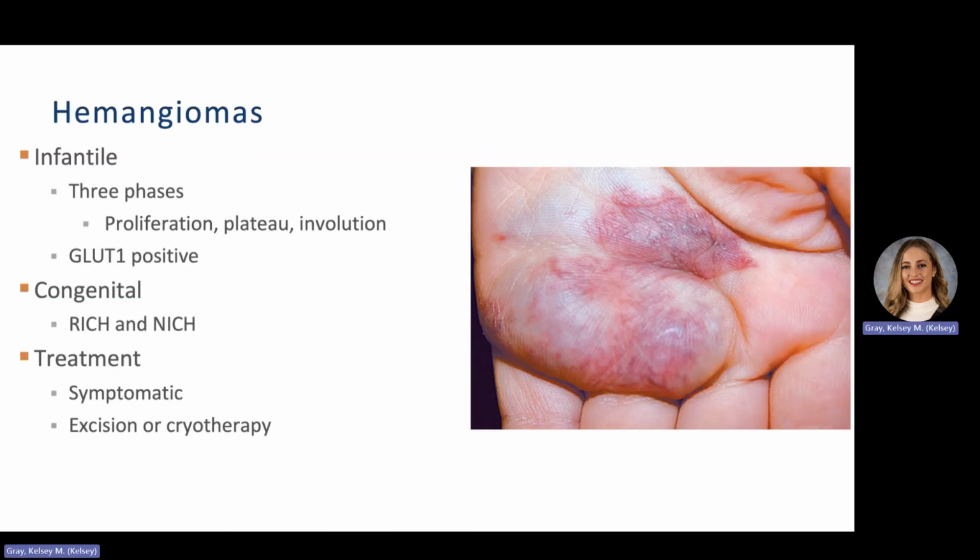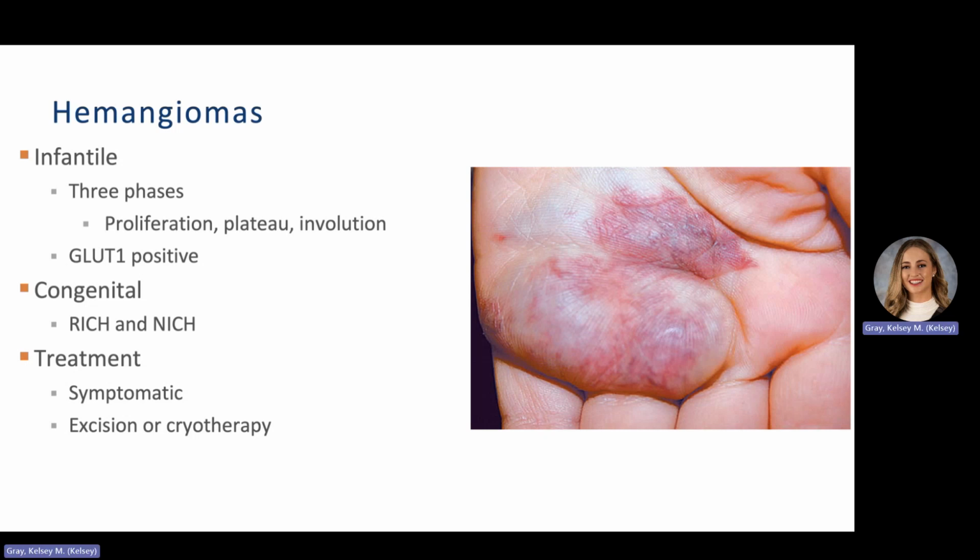Moving on to vascular anomalies. Hemangiomas: there's infantile, which go through three phases of proliferation, plateau, and involution. Typically by age 7, 70% have fully involuted. They are GLUT1 positive. There are also congenital hemangiomas, rapidly involuting, which often involute at 6 to 10 months, and non-involuting.